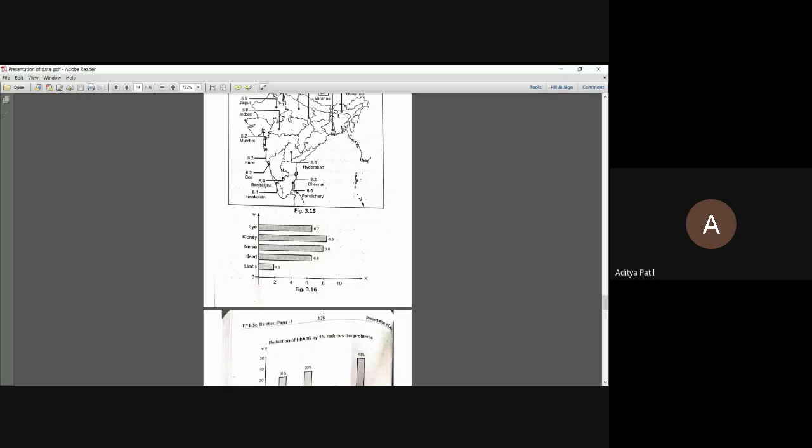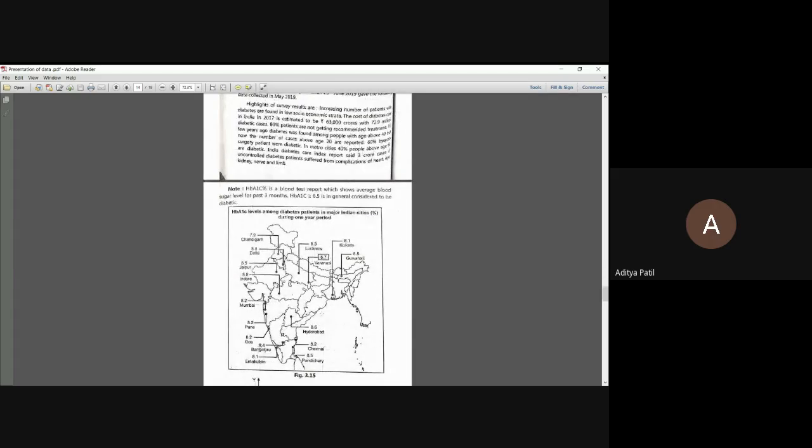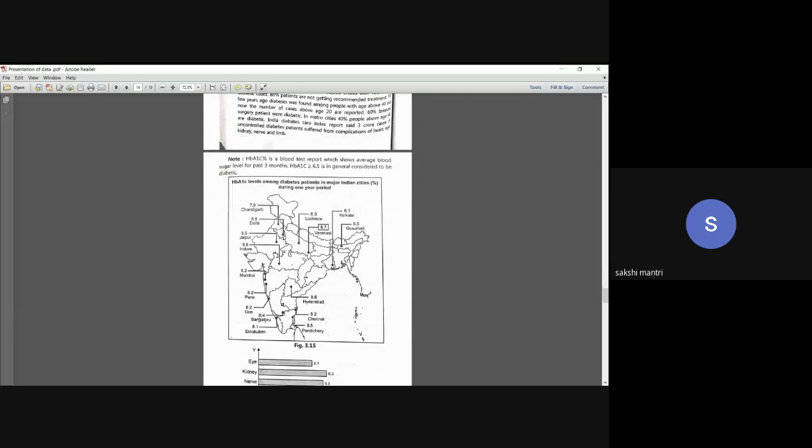So the value was given up in the question. 72.9 million. Okay, and can you guess how that 72.9 million is there? How can you get that from the chart? Actually, it is given in the upper part.